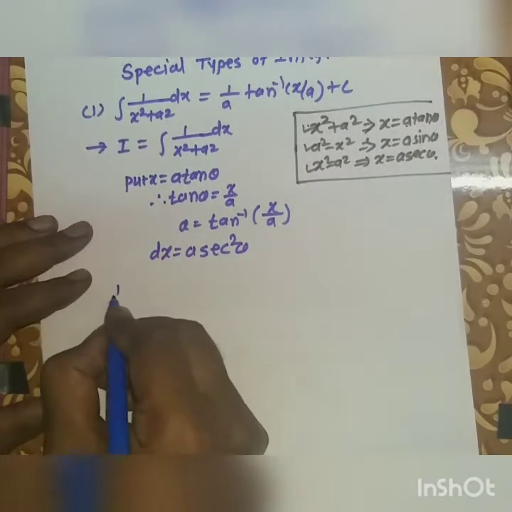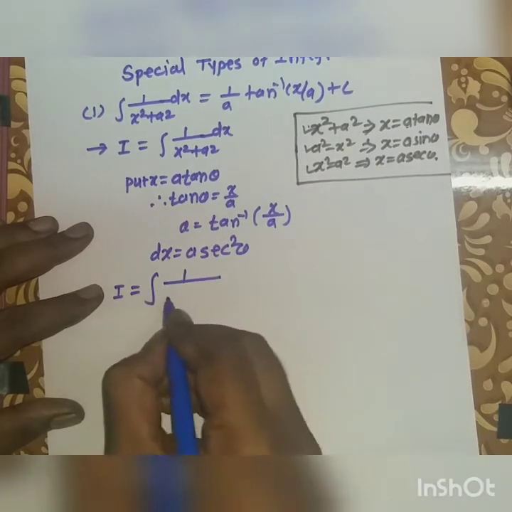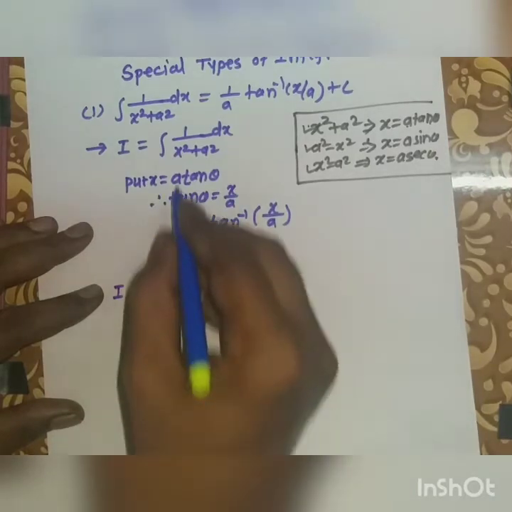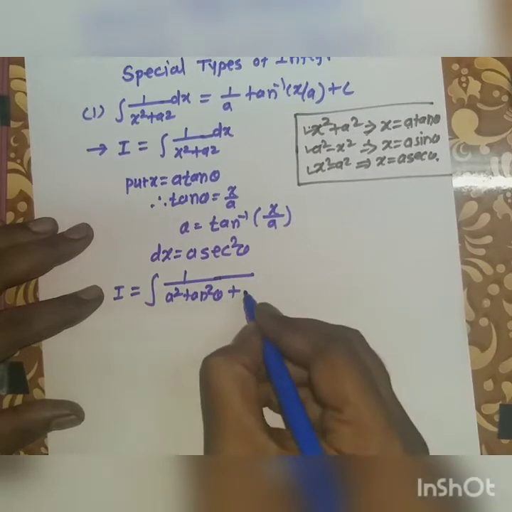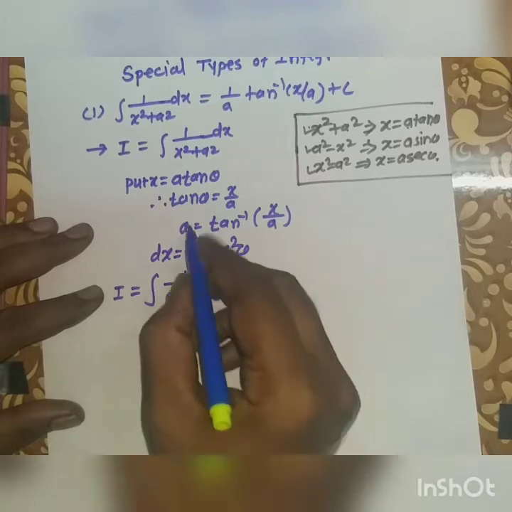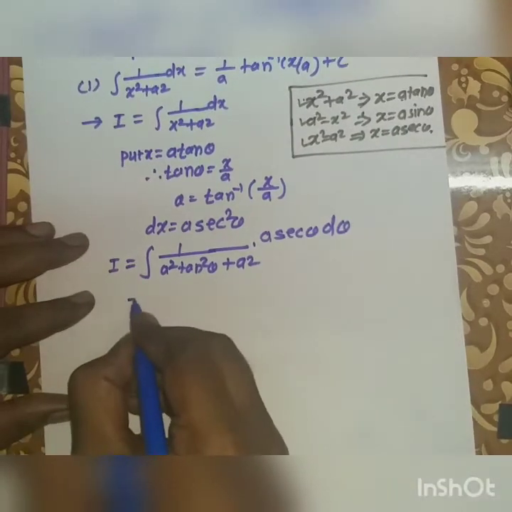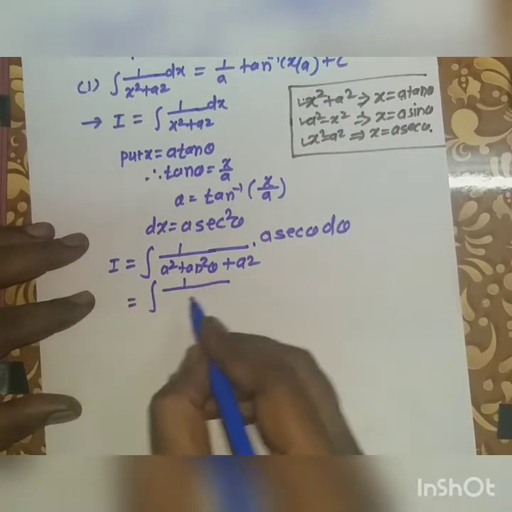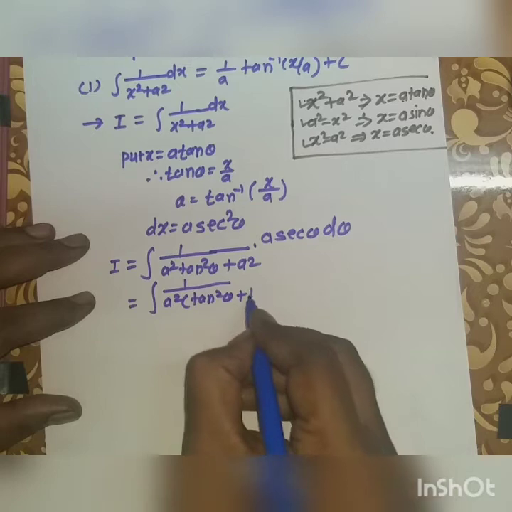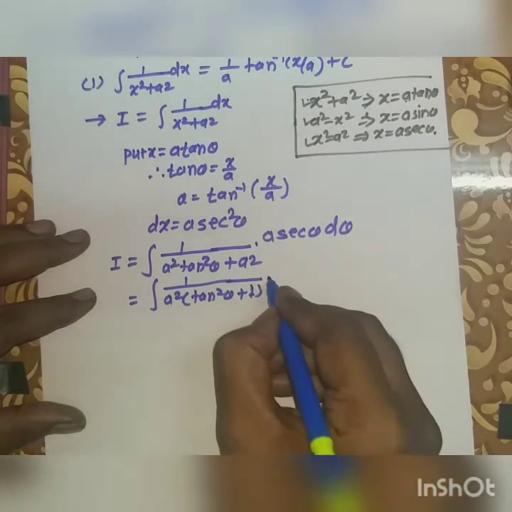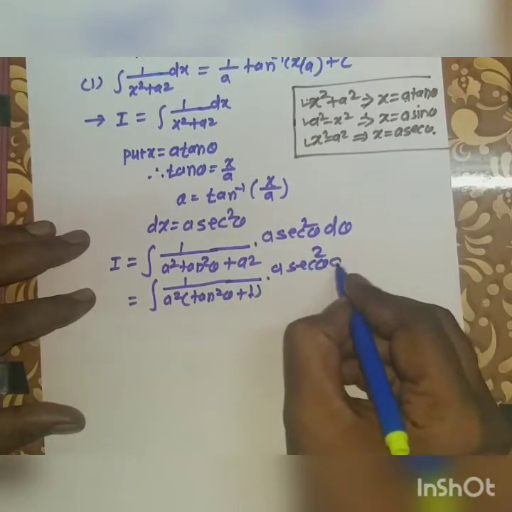Now put these values in equation 1, the given integration I is equal to 1 divided by, x is equal to a tan theta, therefore x square is a square tan square theta plus a square, and dx is a sec square theta d theta, is equal to the integration of 1 divided by, take a square common, in bracket tan square theta plus 1, into a sec square theta d theta.